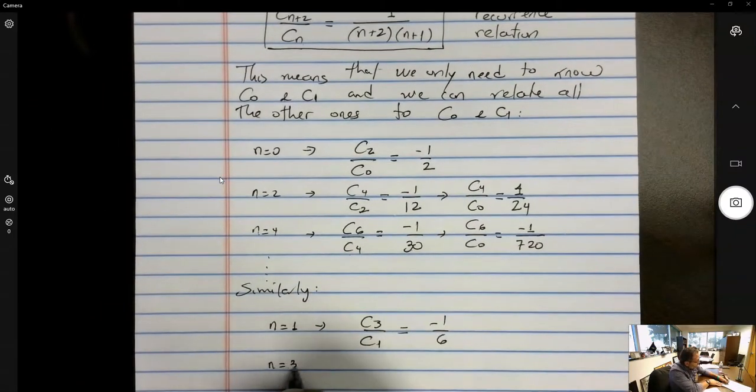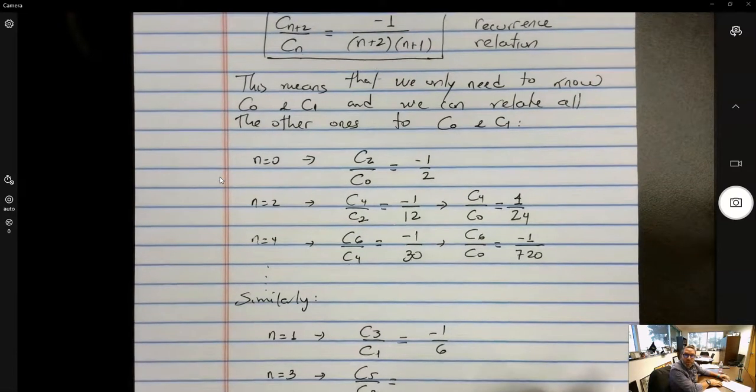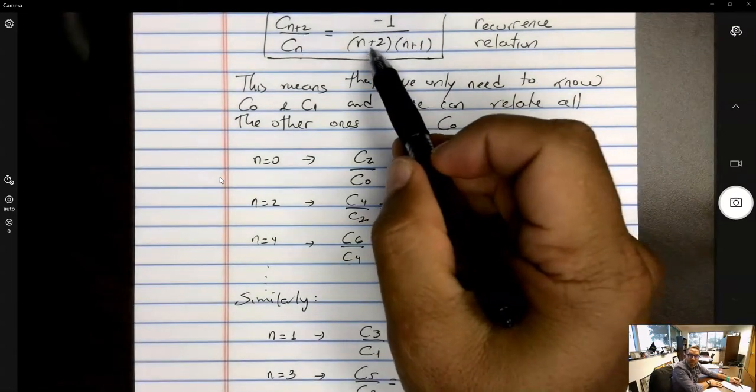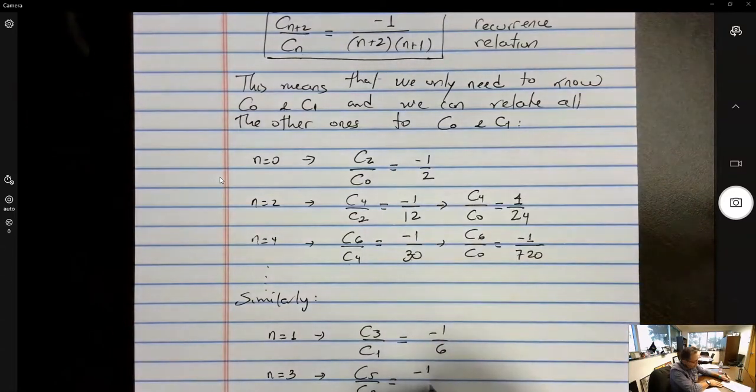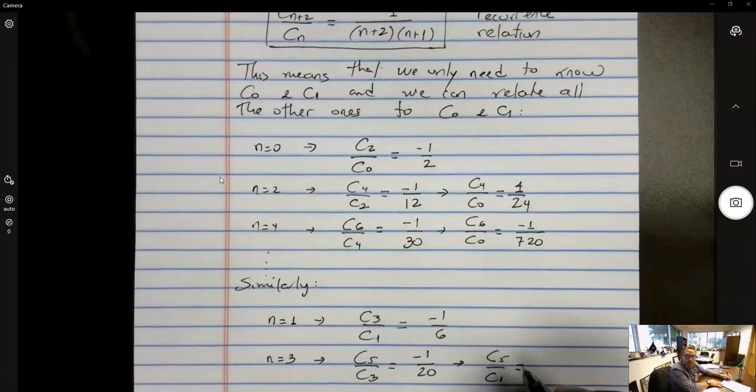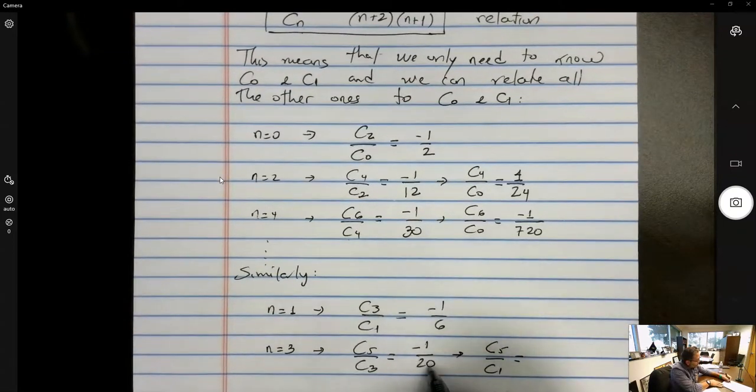Then at n equal 3, C5 divided by C3 is equal to minus 1 over 5 times 4, which is 20, so minus 1/20. So then I can take C3 over C1 and plug it in here, and that leads to C5 over C1 is equal to 1/20 times 1/6, positive 1 over 120.